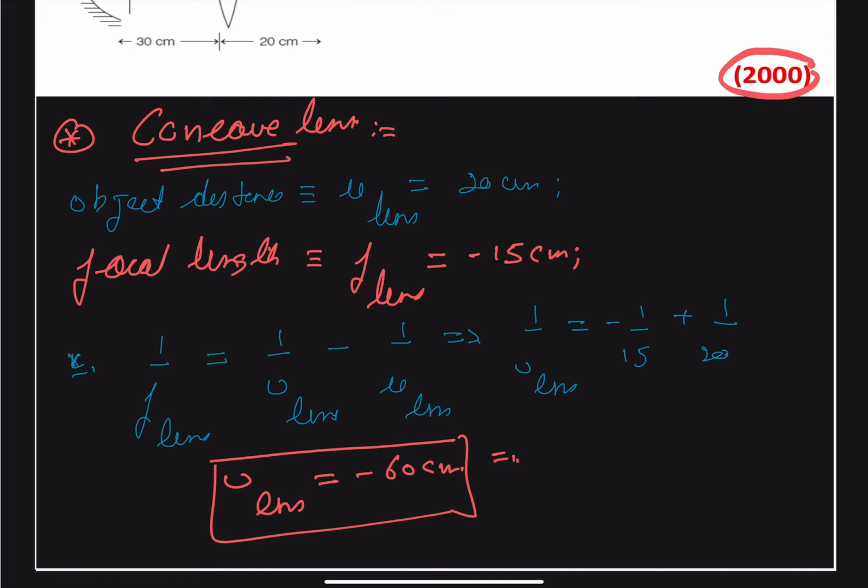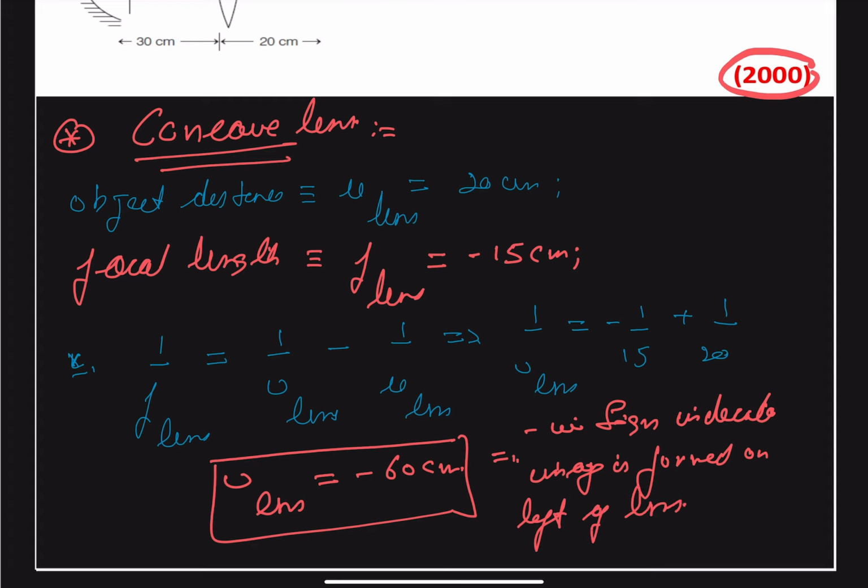So from here we can see that the negative sign indicates the image is formed on the left of the lens.